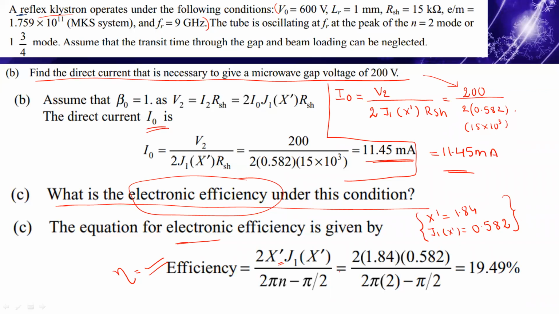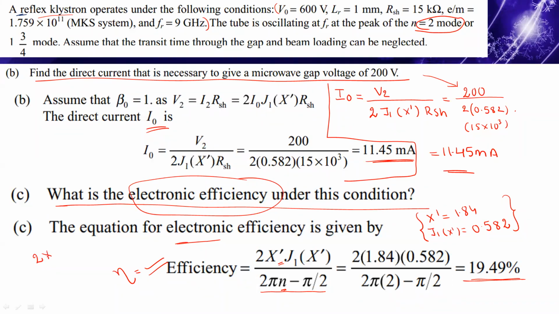Clear? Divided by what is the 2 pi n. 2 pi n minus pi by 2, direct formula. N is the oscillating mode. So we have the 2 now. N equal to 2. So we are getting 19.49. So a very important parameter for reflex klystron is the electronic efficiency.